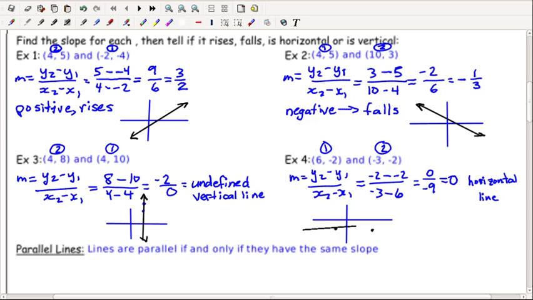Connect them, should give you a straight across horizontal line. So, positive slope rises, negative slope falls. 0 on the bottom, undefined, is a vertical line, and 0 on the top is fine. That's just equal to 0, horizontal line.